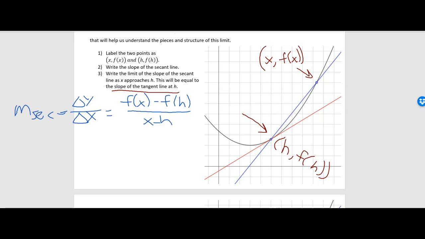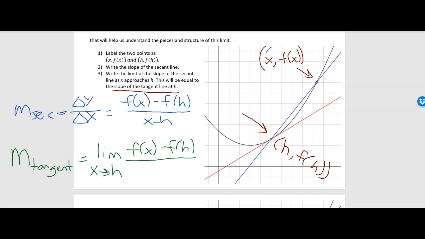So if we want to find the slope of the tangent line, we just have to make this a limit expression. So the slope of the tangent line is just equal to the limit, and this is important, x is approaching h, not the other way around. So the limit as x approaches h of f of x minus f of h, all over the quantity x minus h.